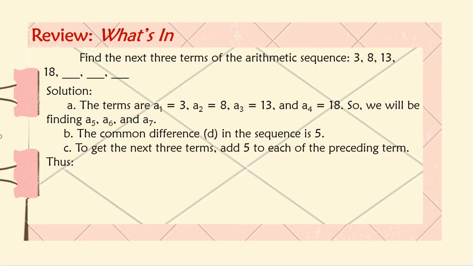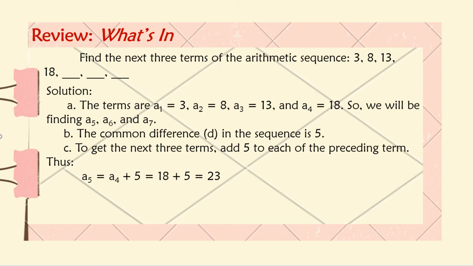Next, to get the next three terms, we will add 5 to each preceding term. Since the fourth term is 18, 18 plus 5 is 23. That is the fifth term. We just add 5 to the preceding term.